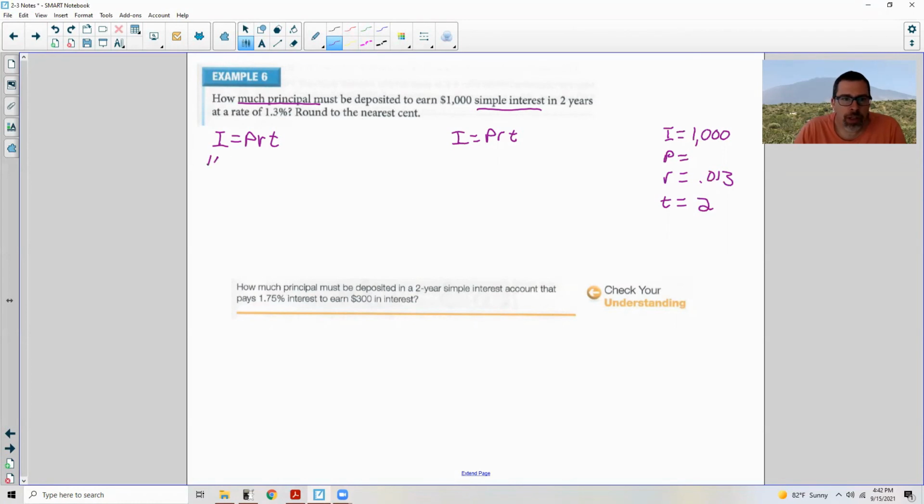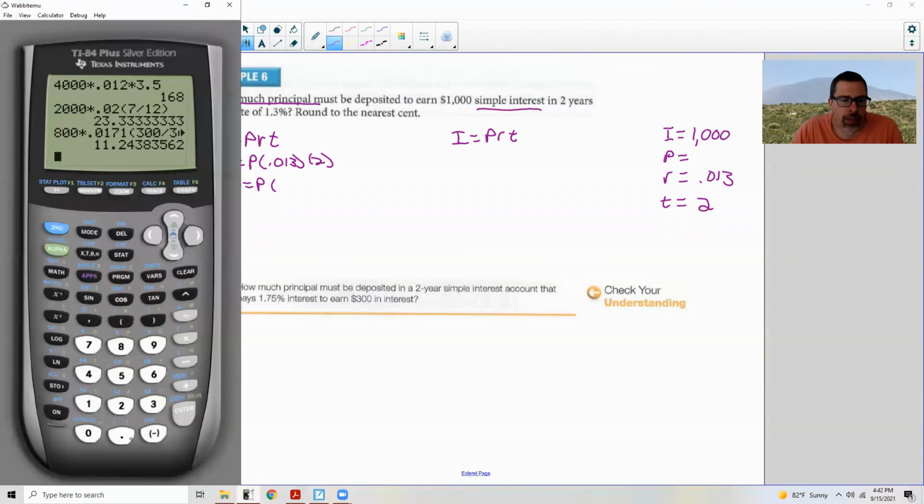So I'm going to put 1,000 where I is, because that's what that is. Don't know P. R is 0.013, and T is 2. I'm going to simplify this. So 1,000 equals P, and then I'm going to take 0.013 times 2, it's 0.026, right?